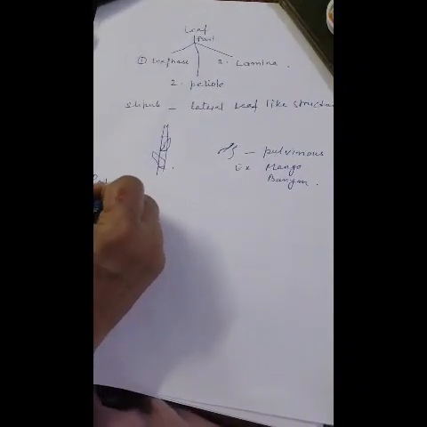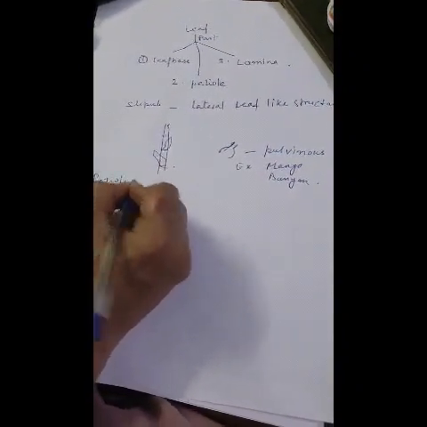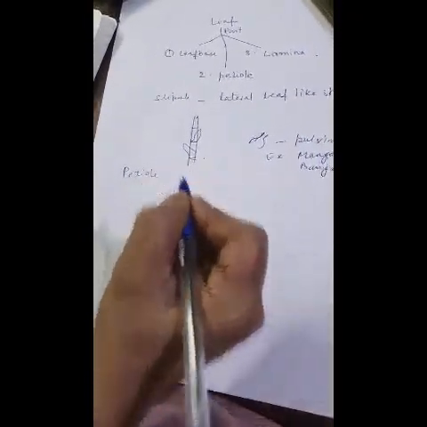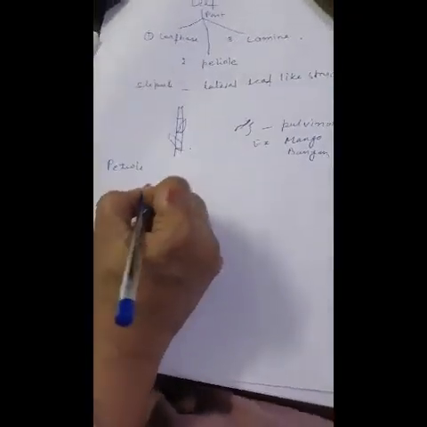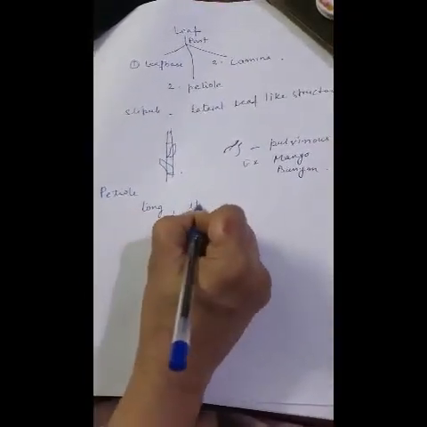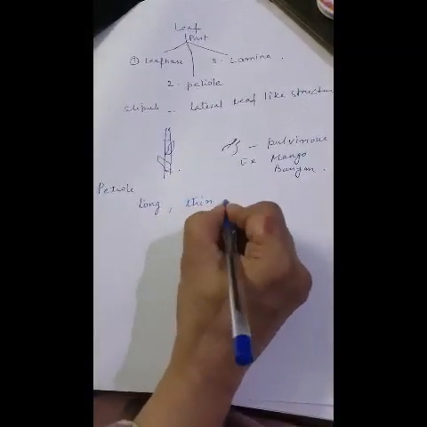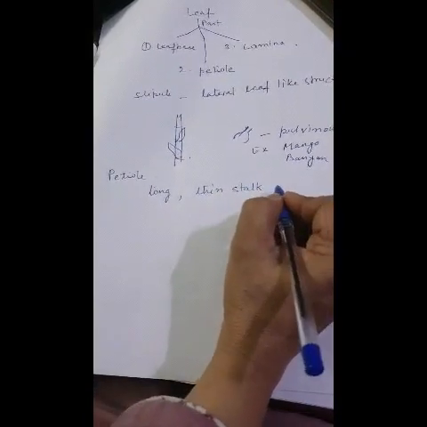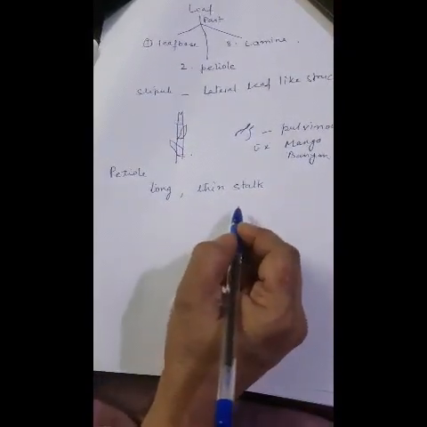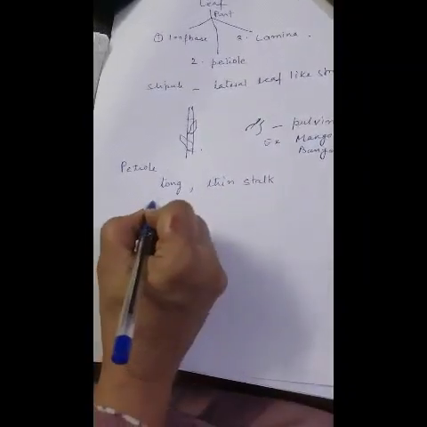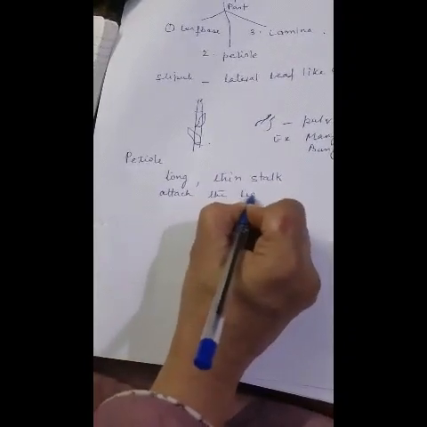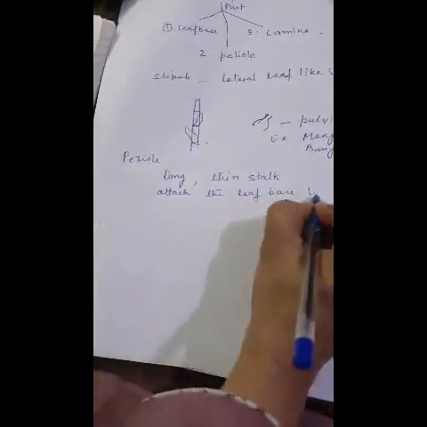Come to the next structure, petiole. Petiole is the long thin stalk that attaches the leaf base to the stem.